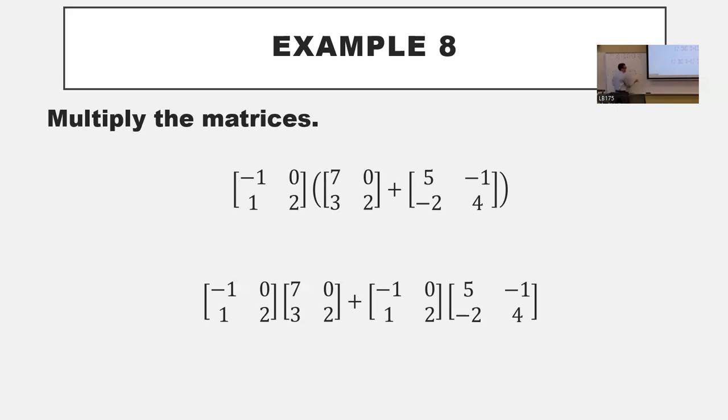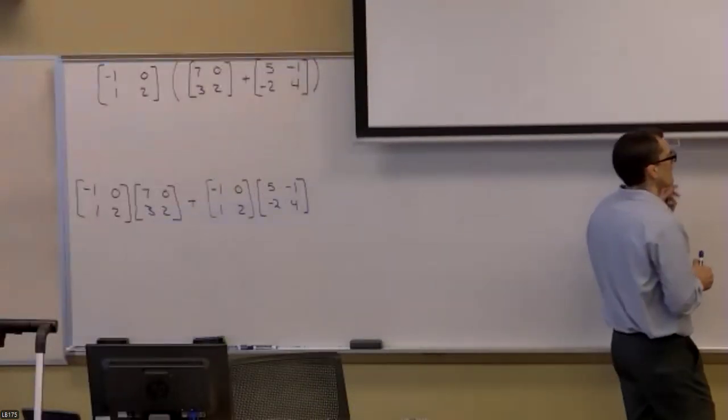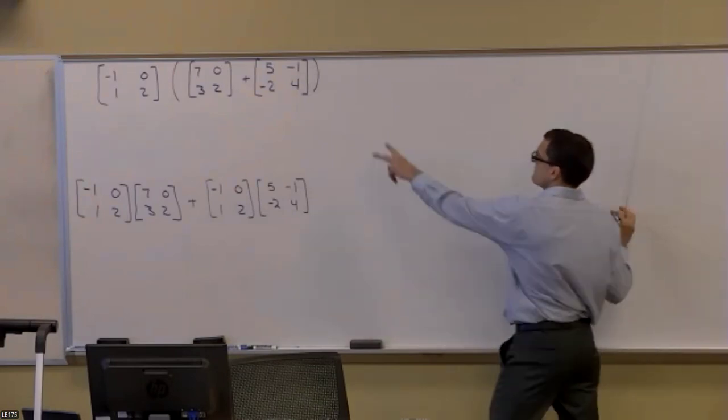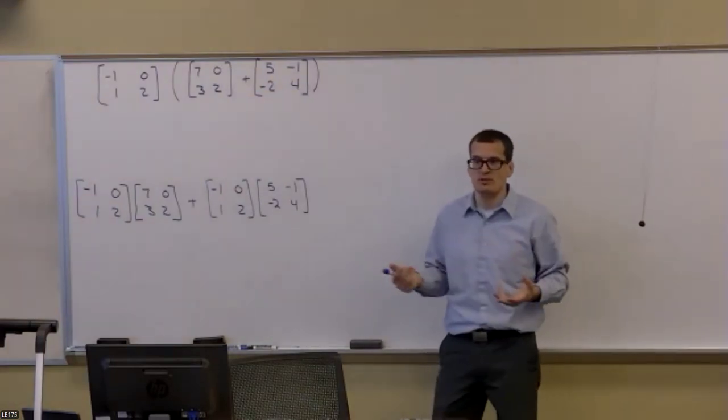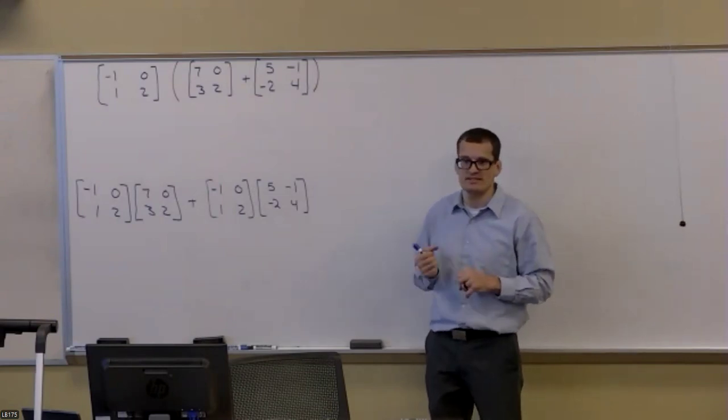What do you think is going to happen? What would you anticipate from rules that we know of real numbers? We'd do what's in the parentheses first, which then multiplies with the result. Yeah, that's what I'm getting at. So on this top one, we'd add first and then multiply. On the bottom one, we're multiplying individually and then adding.